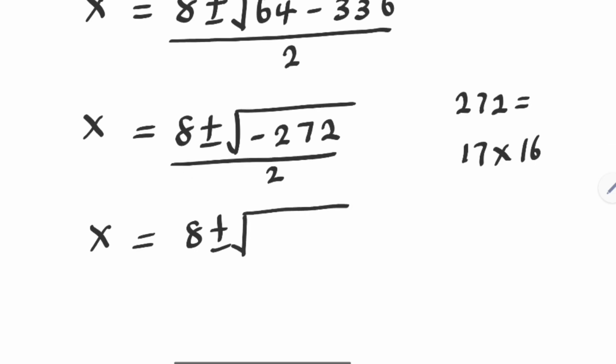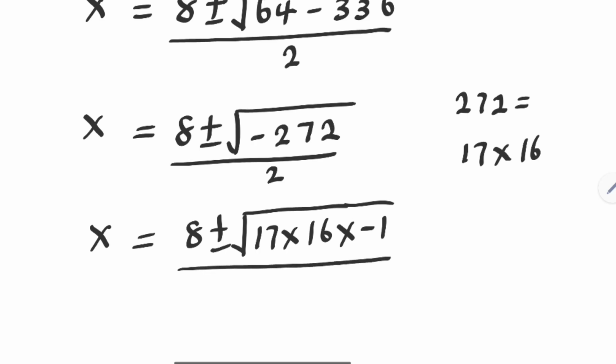Square root of minus 272 can now be written as square root of 17 multiplied by 16 multiplied by minus 1, divided by 2.